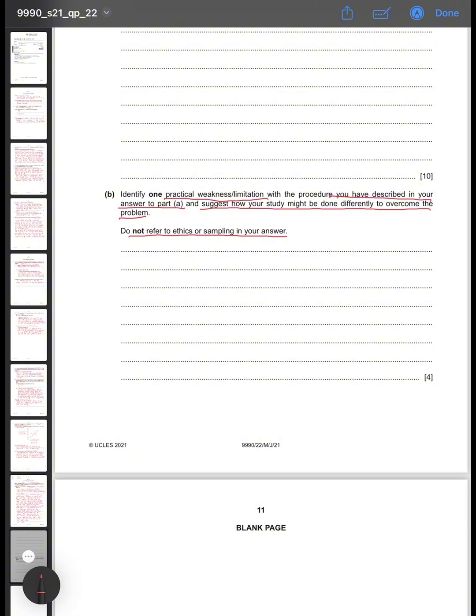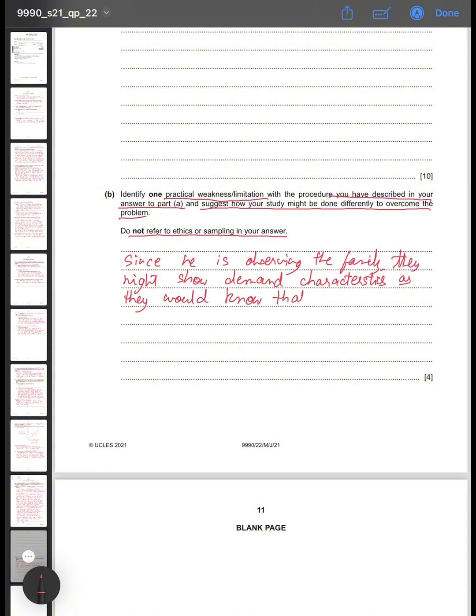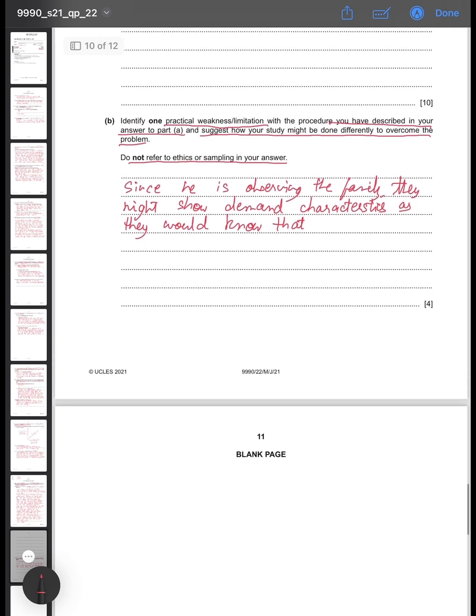So one practical limitation or weakness from the whole procedure we have mentioned above, I can say that since he is observing the family, they might show demand characteristics as they would know that they are being observed.